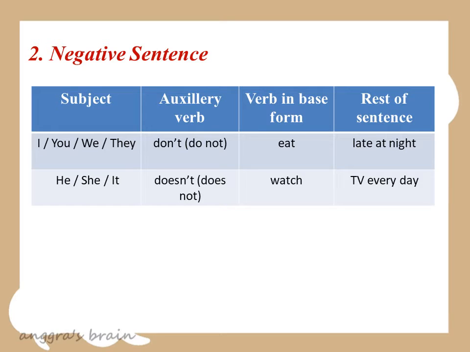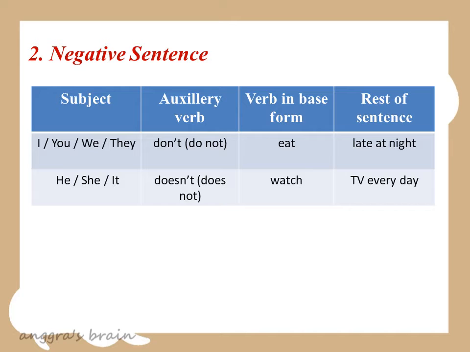When the subject is I, you, we, they, we have to use don't, or we can write it in another way, do not, and add the main verb in the infinitive form. And when the subject is he, she, it, we use the auxiliary verb doesn't, or in another way does not, and the verb is in base form.